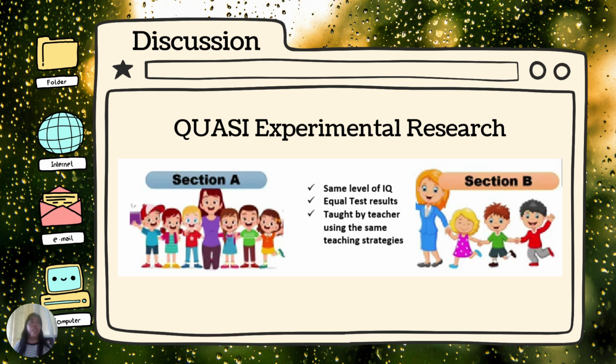It's actually a continuation of the true experiment. Once the true experimental study was conducted, it will probably be justified in the quasi: how effective is this for the group having the same level of proficiency, same test results, and also same teaching strategies applied by the teacher. So it goes like that.